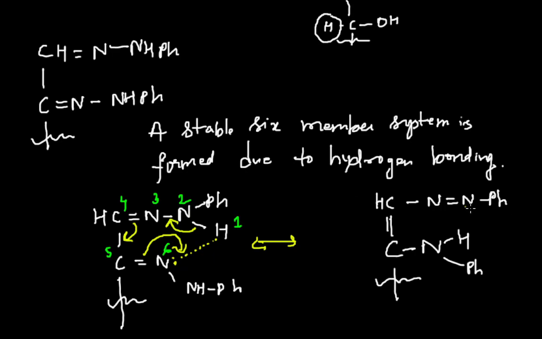Again, there is a lone pair and hydrogen bonding that can happen. So this is a stable 6-membered system. It is because of this stable 6-membered system that the formation of osazone with more than 2 groups does not occur. It stops here because a stable system is formed. Further reaction will not happen.